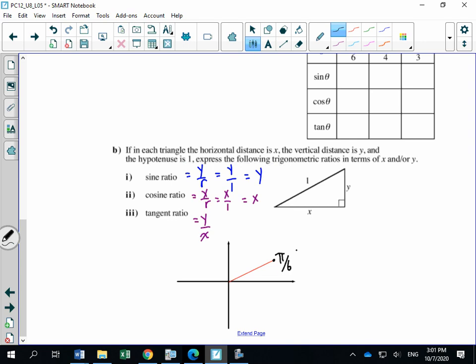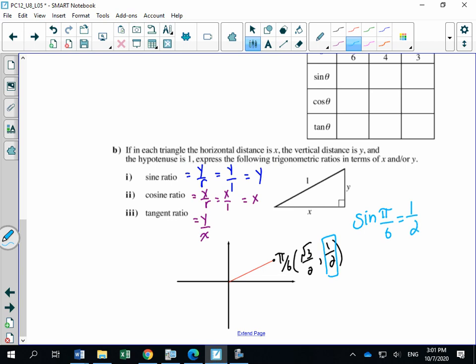Pi over 6 is root 3 over 2 and 1/2. If I asked you, what is the sine of pi over 6, you have to simply remember that sine is y. So sine of pi over 6 is the y coordinate, which is 1 over 2.